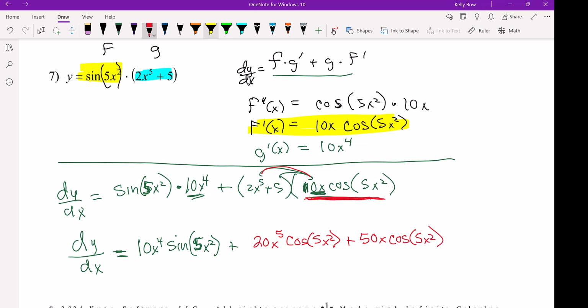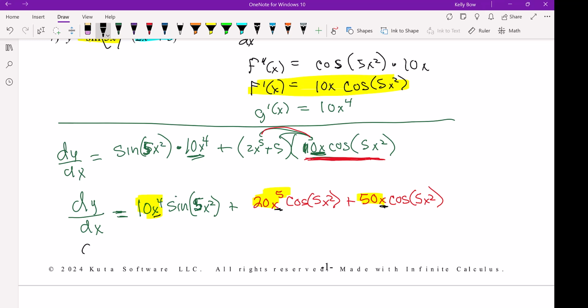All right, so now we're going to look at all this. Well, all of those have a 10 in common. They also all have an x in common. And it looks like that's the only thing that all three share.